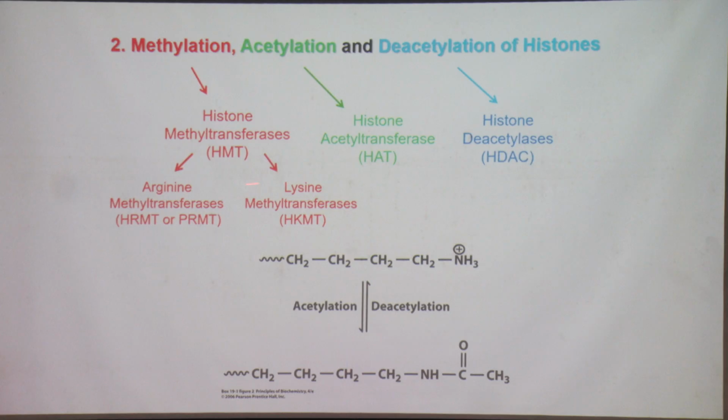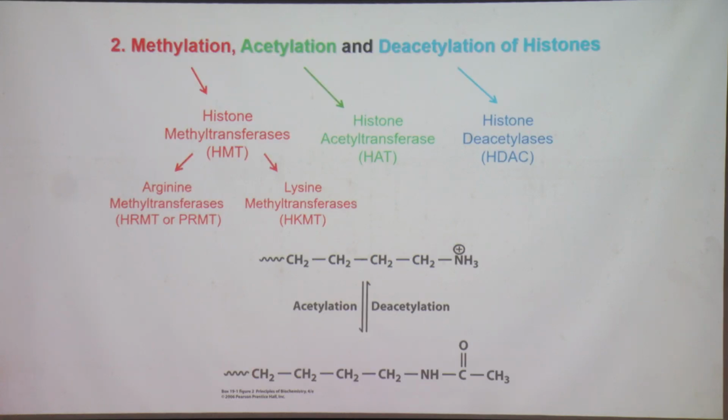So arginine and lysine residues can get methylated. Histones can get methylated also, and they can get acetylated also. An acetyl group is added, and then the acetyl group is also removed. So this is a lysine side chain, and this lysine is acetylated. But lysine can also be methylated.